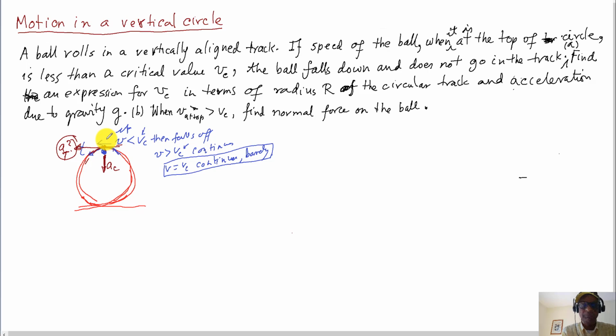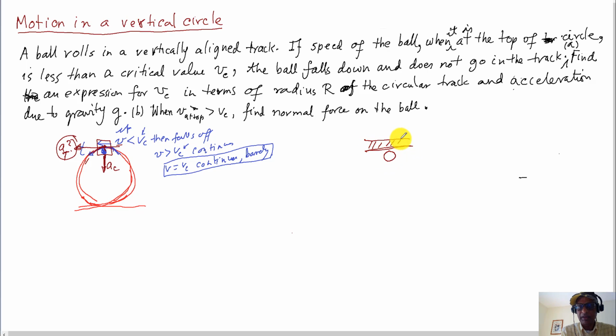But for this problem, because it just barely makes it, what it's asking is what the normal force will be. So if I blow this part up, here is the track, and here is the ball.